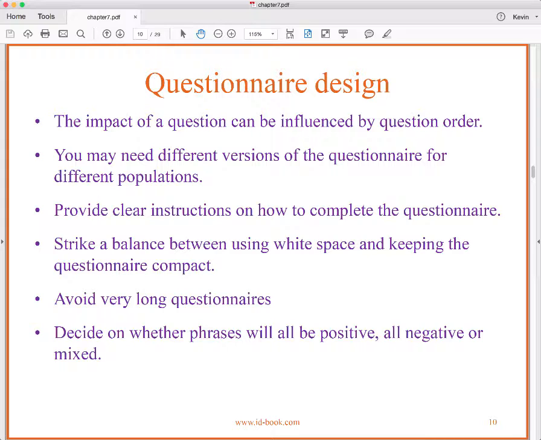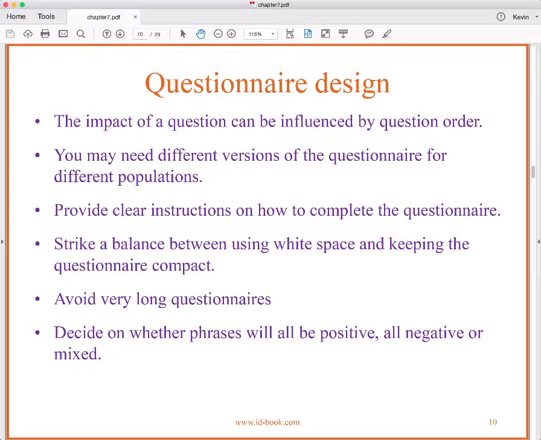For instance, if we deliver a questionnaire over the web, we can put one question up at a time, and we can really do all the nice things that we'd like to do for formatting and for help and all those kinds of things. Well, can we deliver the same kind of experience in a paper questionnaire? Well, no. If we put every question on its own page, we might have a questionnaire that's 100 pages long or 50 pages long. So the web is good stuff. Avoid very long questionnaires.